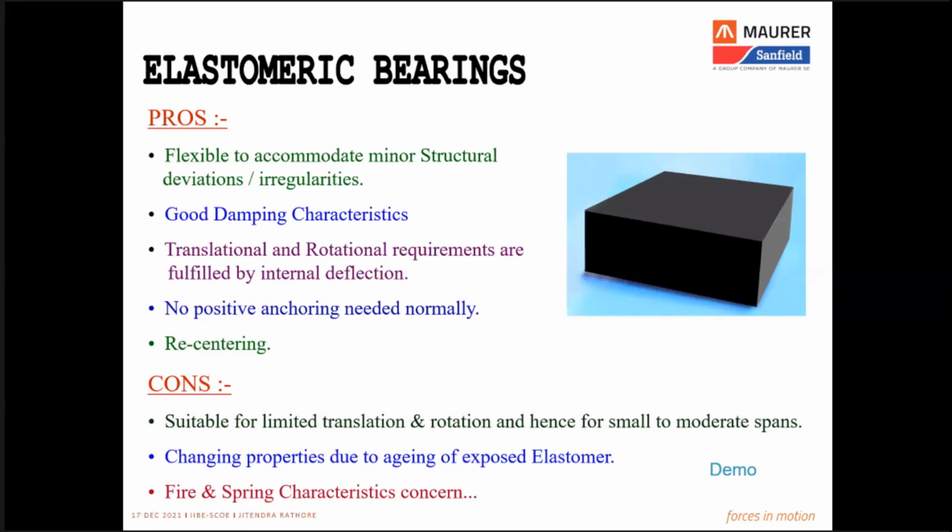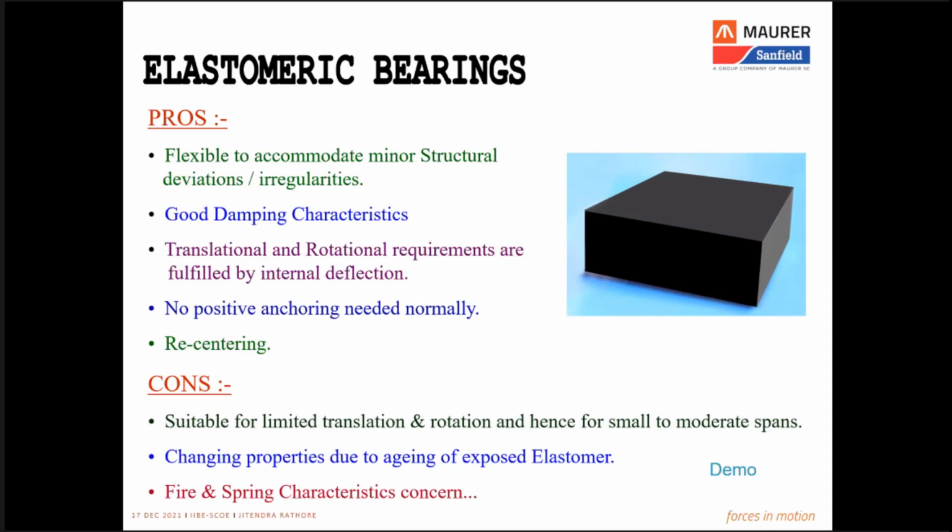But this again is a limitation, because if we try to use these bearings in very long spans, let's say more than 25 or 30 meters, the structure requires a larger magnitude of movement and rotation, and the bearing has to have higher lateral deformation. Over a period of time, that may lead to wear and tear in the bearing system.